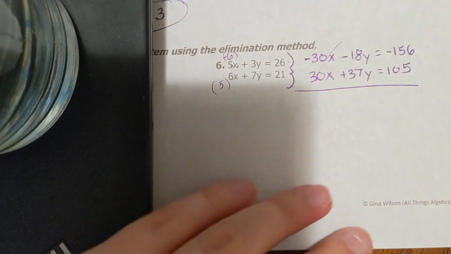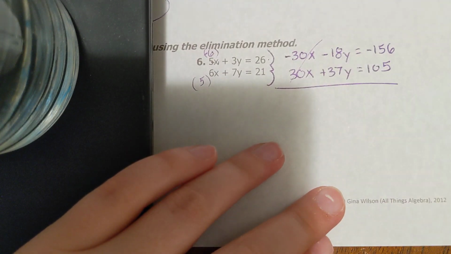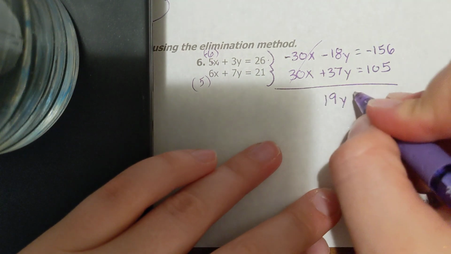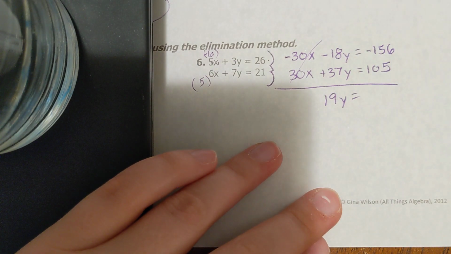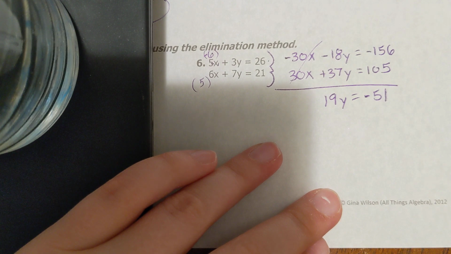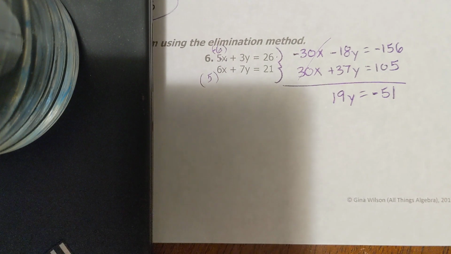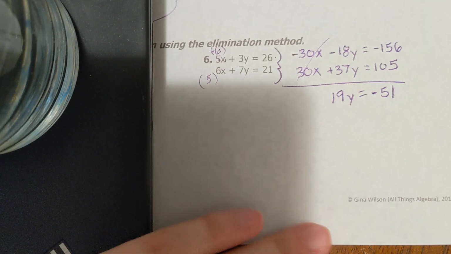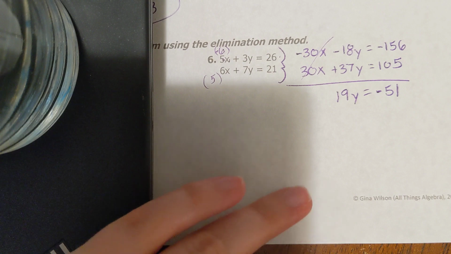Then you've got 37y and then -18y, so it's 37 minus 18, which is 19y. And then here you would get -51. Okay, so then you want to get y by itself by dividing both sides by 19.